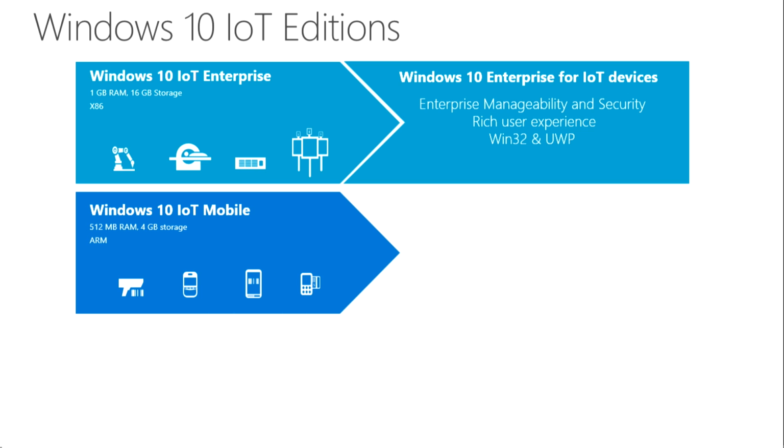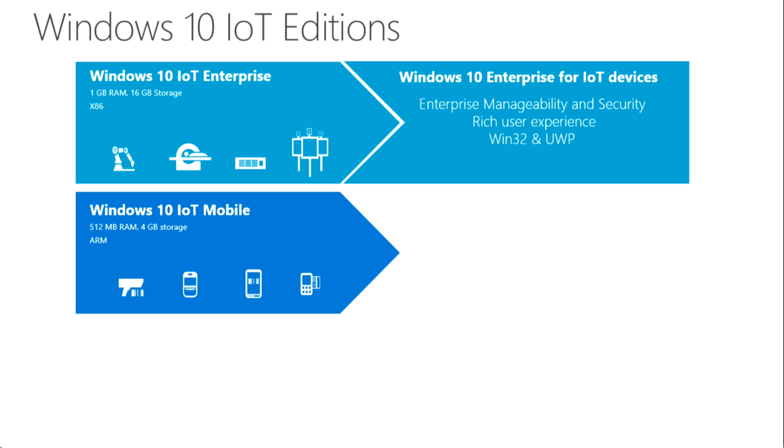Now, this, I think, used to be called Embedded Mobile or Embedded Phone. Mobile, I think it was. And this is another SKU we have. So bear in mind, these SKUs will often go into manufacturing systems. They're probably not necessarily anything you'd buy. They're more going out to an OEM. And we've got Windows 10 IoT Mobile, and that is going to things like scanning devices or maybe point-of-sale devices where people are scanning dockets and things like that, or stock control.